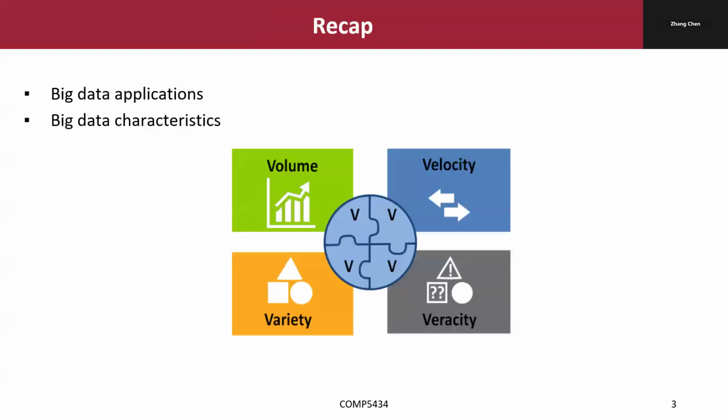If not, let's continue. We begin with a little recap of what we discussed last week. Here are some characteristics of data. We talked about big data applications and big data characteristics. We got 4 V's, right?